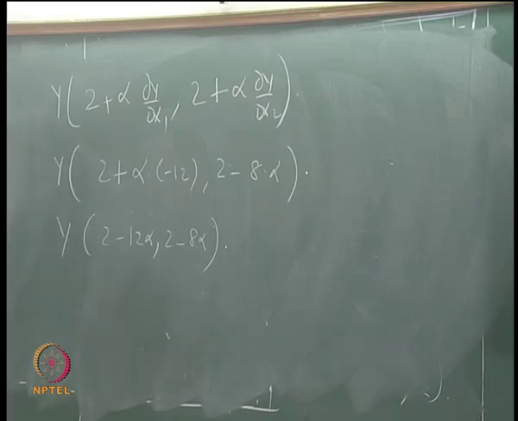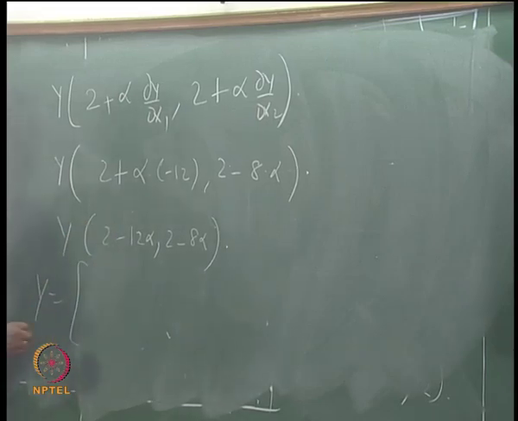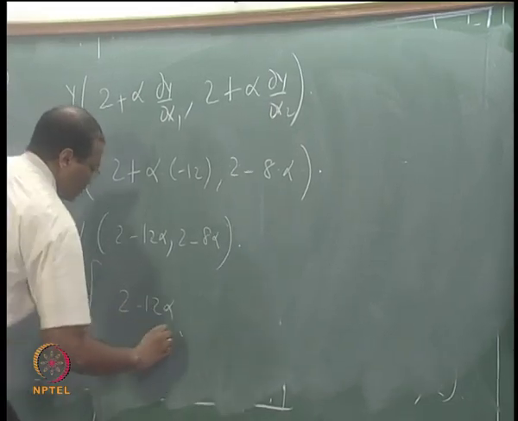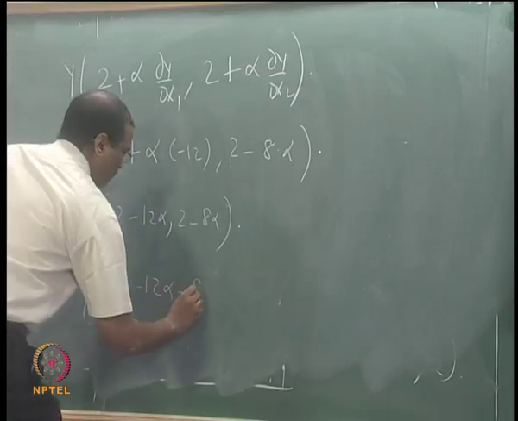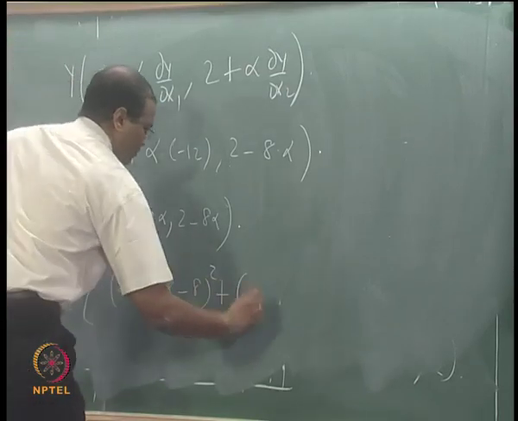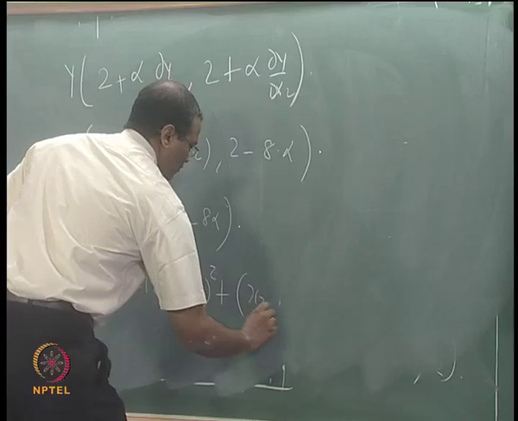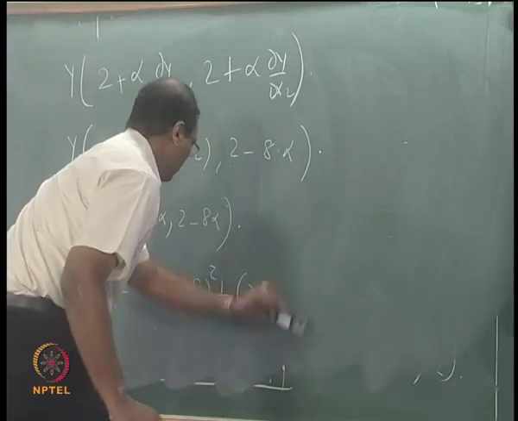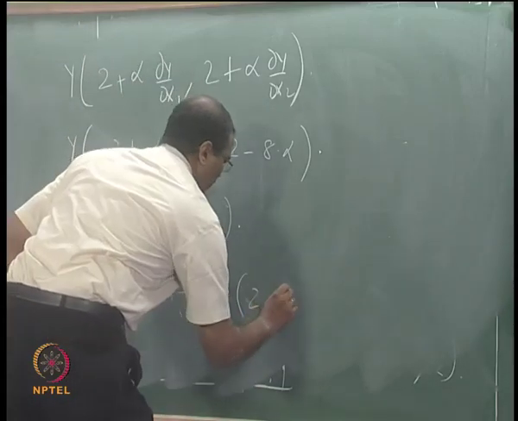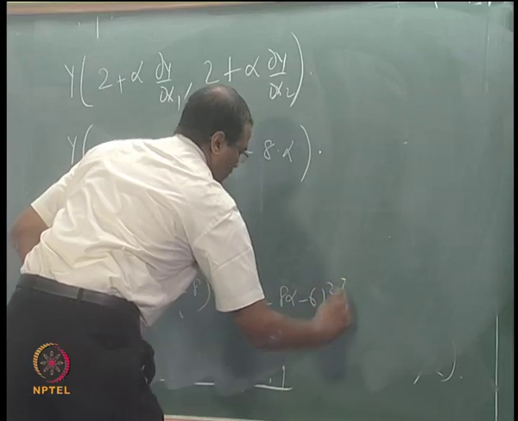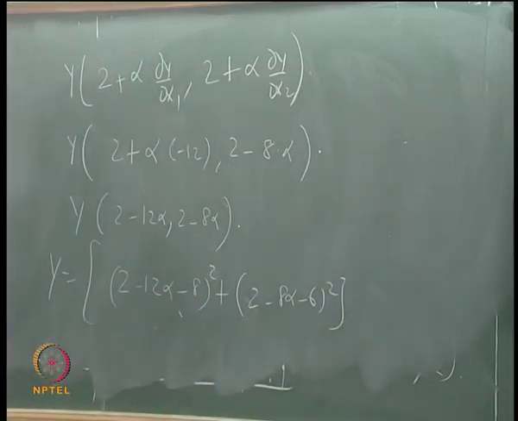Now you have to optimize for y equal to... Now take dy by d alpha equal to 0 and get the value of alpha. What is it now?